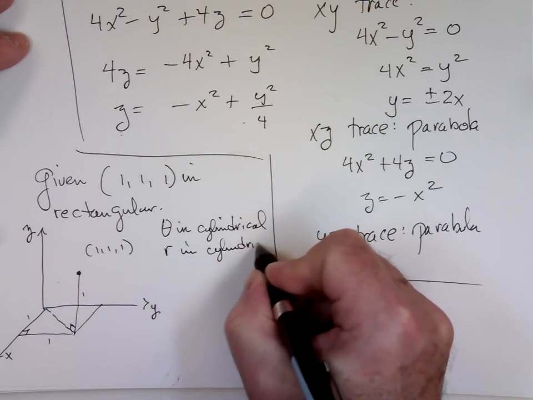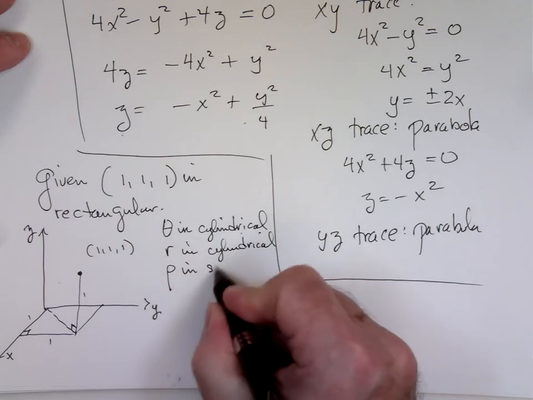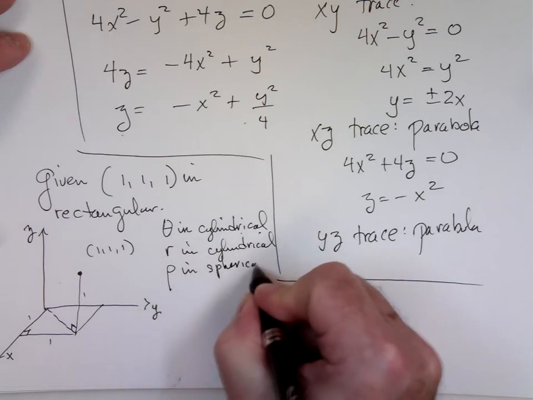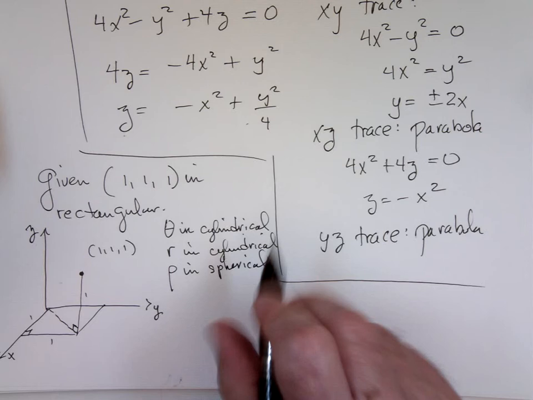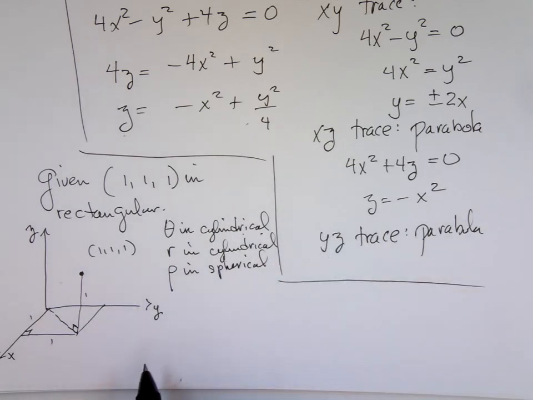I am going to ask for rho in spherical. I know I wouldn't ask you for phi. Phi is crazy. You could do it by completing a right triangle and solving for it, but I know I wouldn't ask you that. These are the typical things I would ask you for.